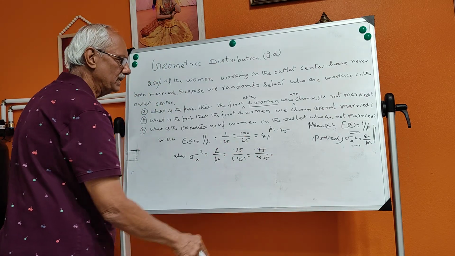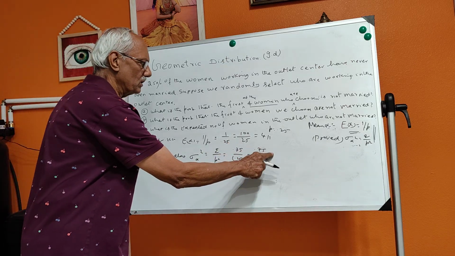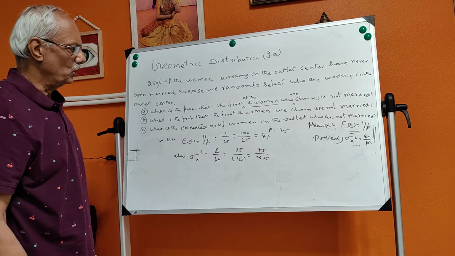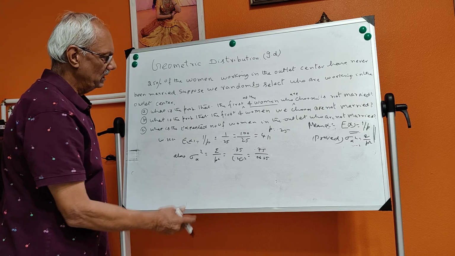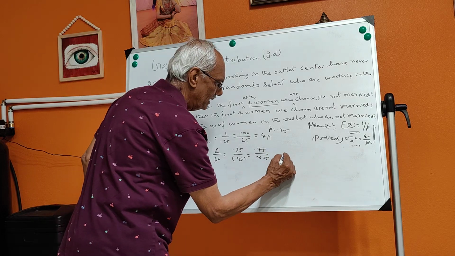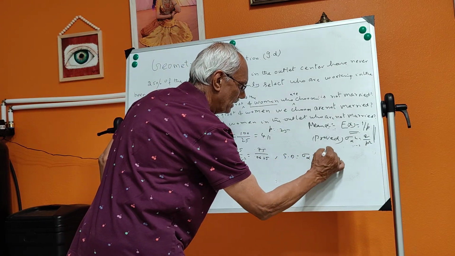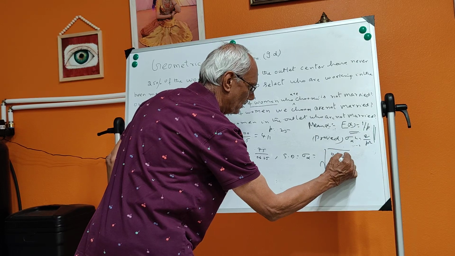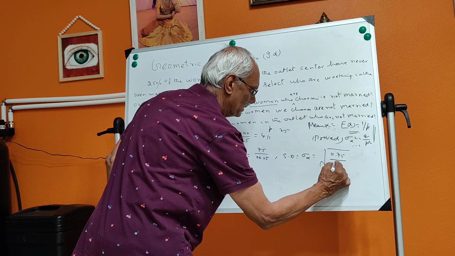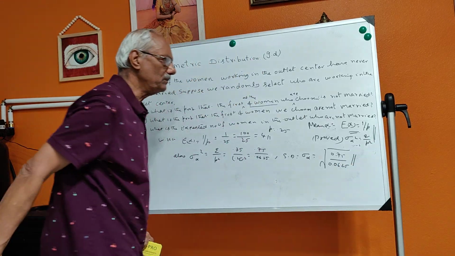If you simplify this, since it is not asked in the problem, I am not doing it. You can go for the calculation and do this, and therefore your standard deviation will be sigma of x, that is nothing but the square root of 0.75 divided by 0.0625. This is the answer.